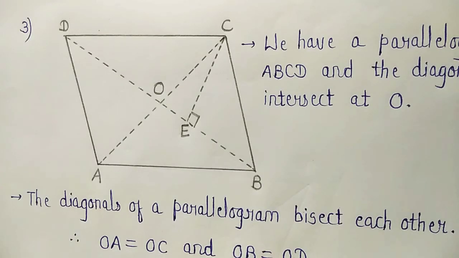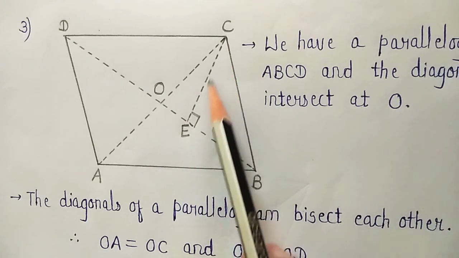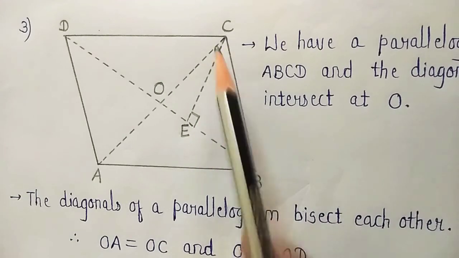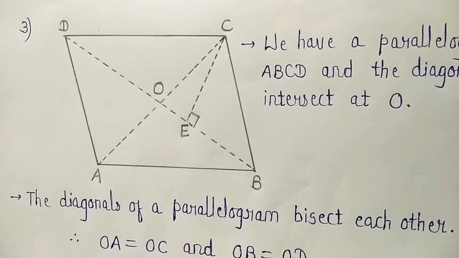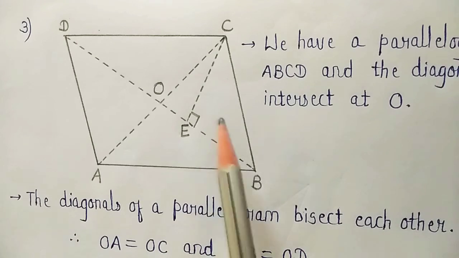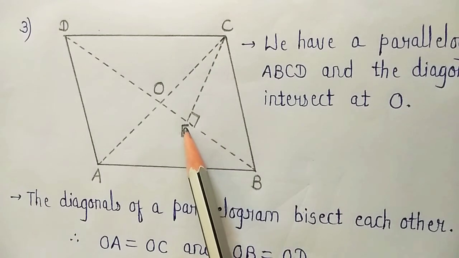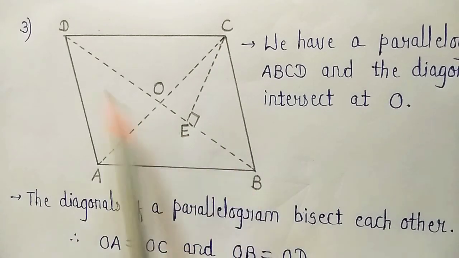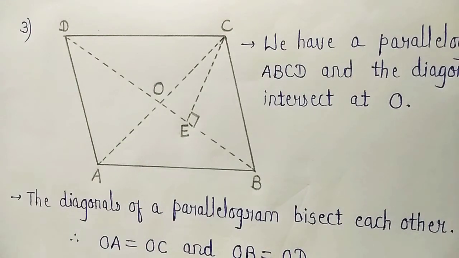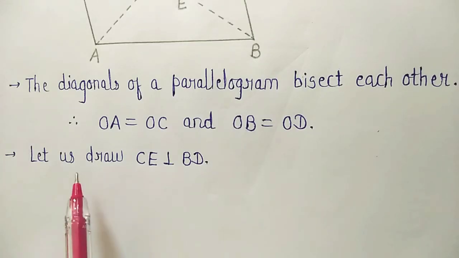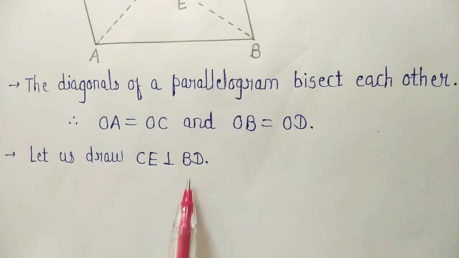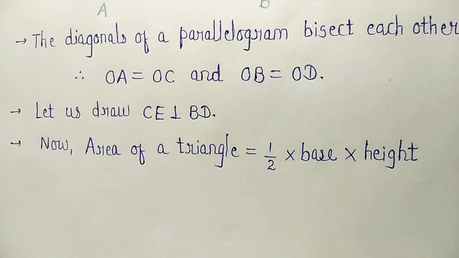Now refer to the figure. We will draw a perpendicular from C on diagonal BD. Which is the perpendicular drawn? CE, and it is perpendicular to BD. So we will write, let us draw CE perpendicular to BD.